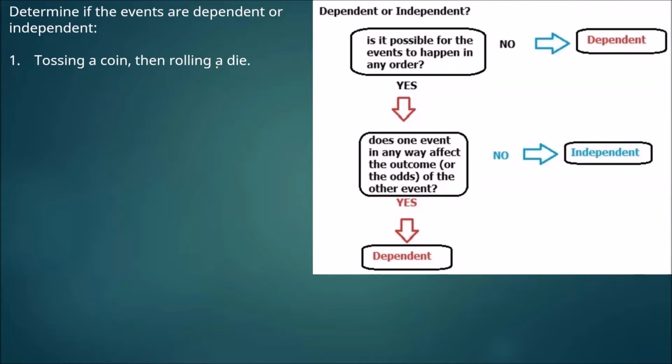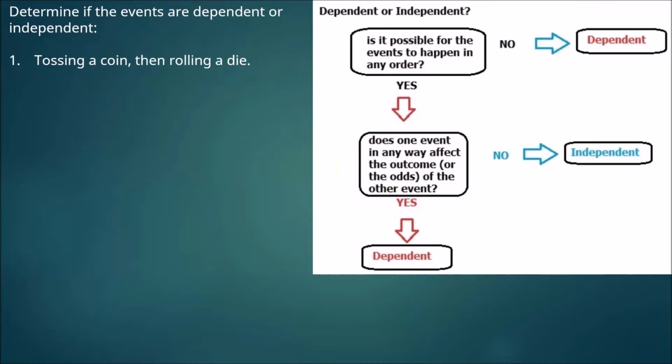Or we can do rolling a die first before tossing a coin? Would there be any changes if we change the order of these events? What do you think? Yes, it's possible for the events to happen in any order.